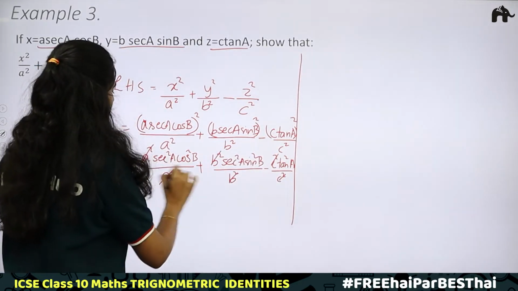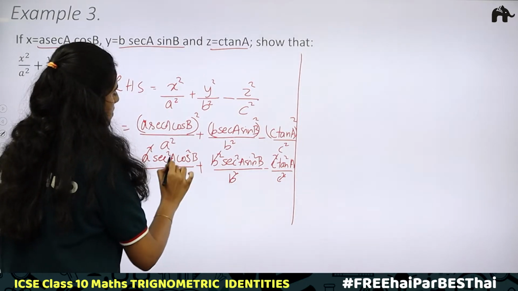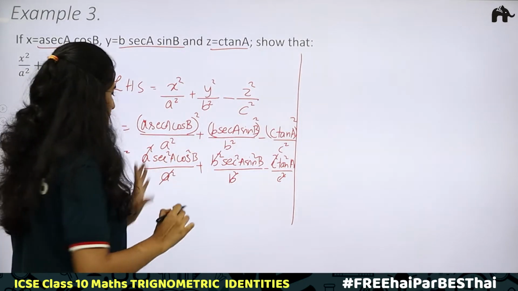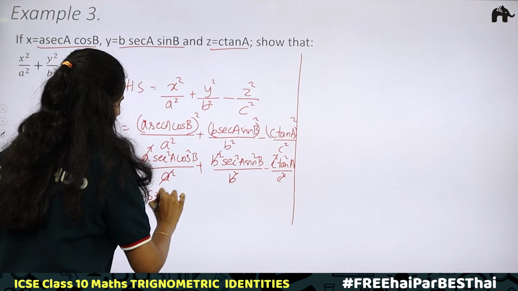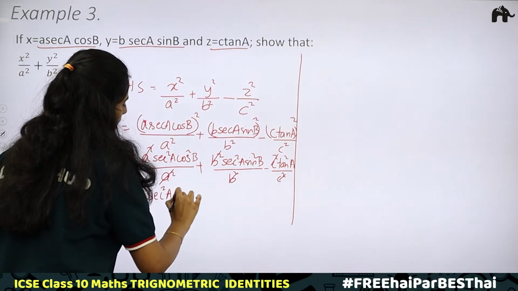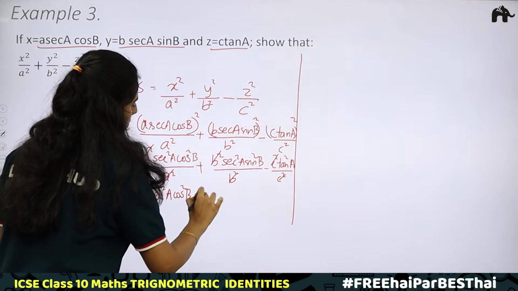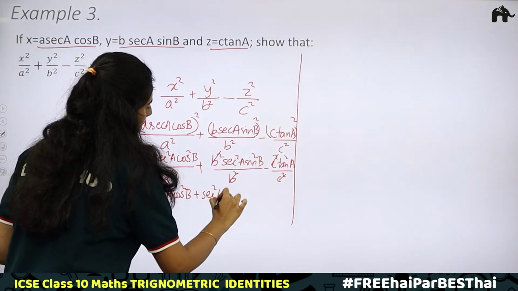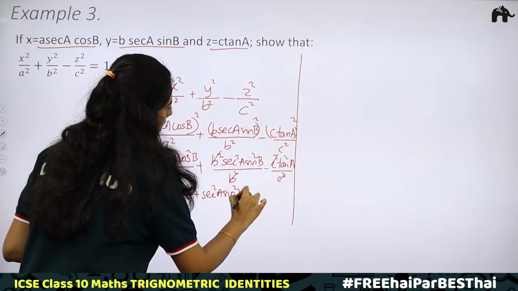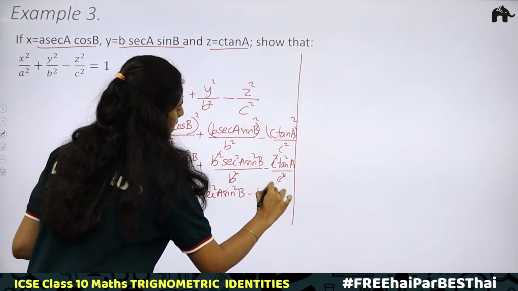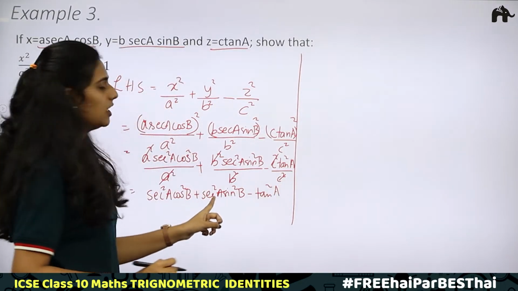Then what is remaining? Here we have sec square a cos square b plus sec square a sin square b minus tan square a. Now what is common in both these terms?